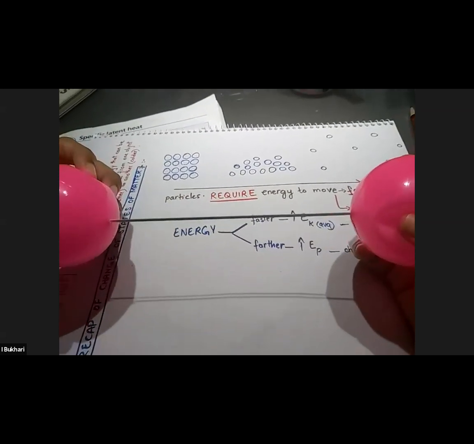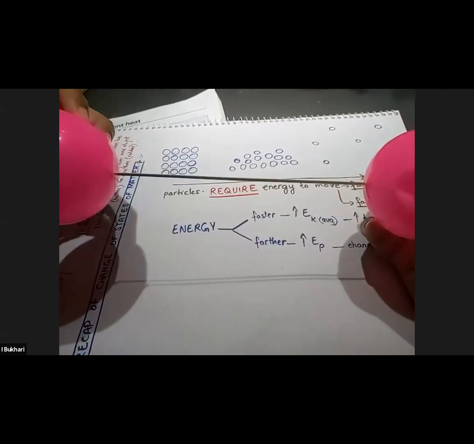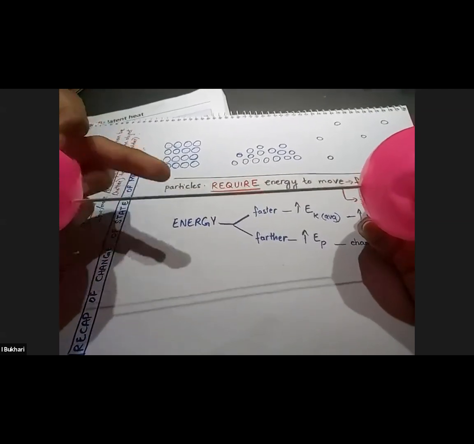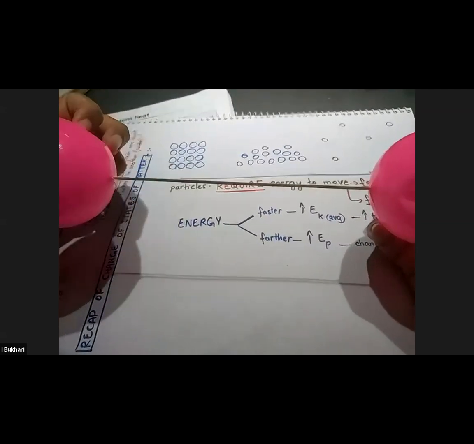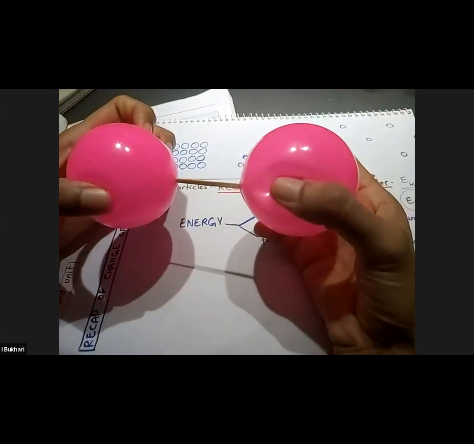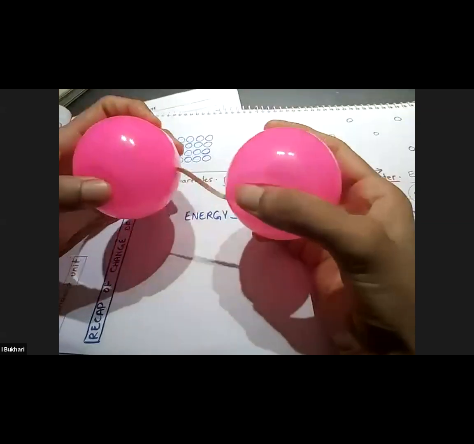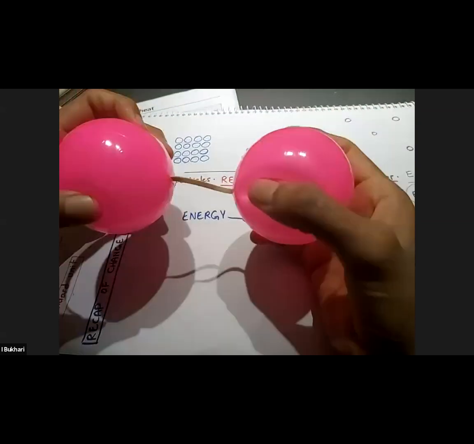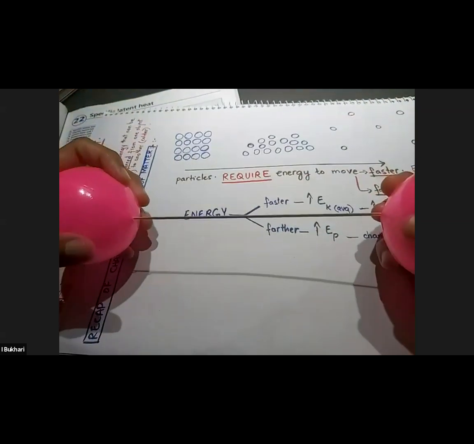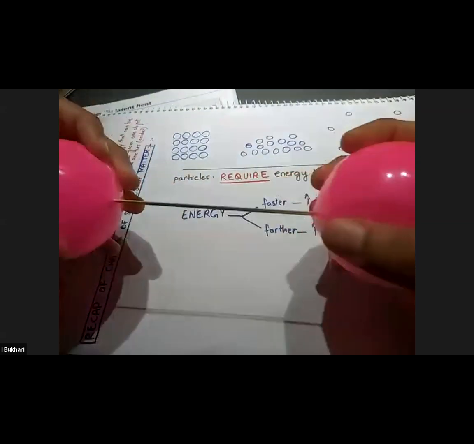Even in the case of this band, it is elastic potential energy. So what is this tension trying to do? It is trying to bring them back together again. So when they are moving away, they're actually working against this potential energy.